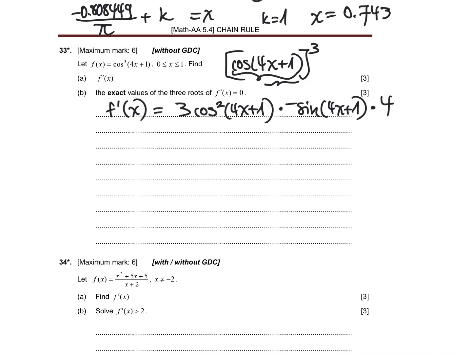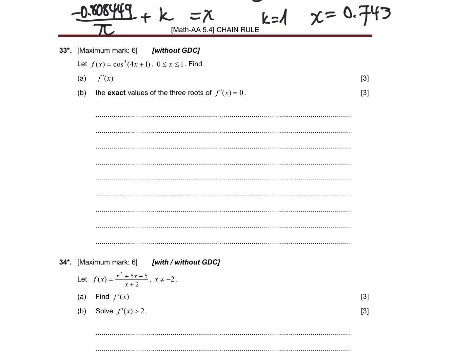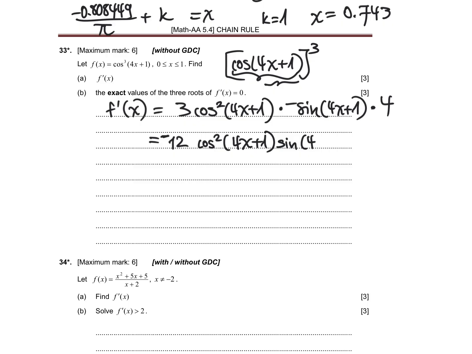Okay. Now, find the exact values of the 3 roots of f prime at x equals 0. So let's just rewrite this: negative 12 cosine squared of 4x plus 1 times sine of 4x plus 1, and this is going to equal 0.